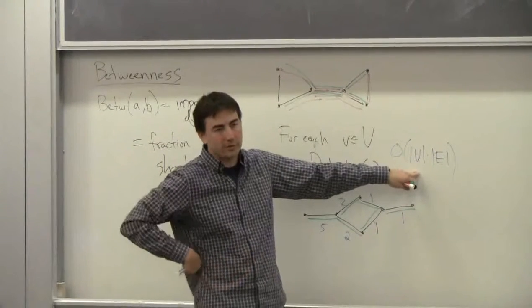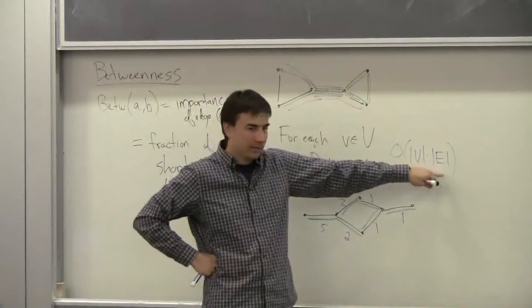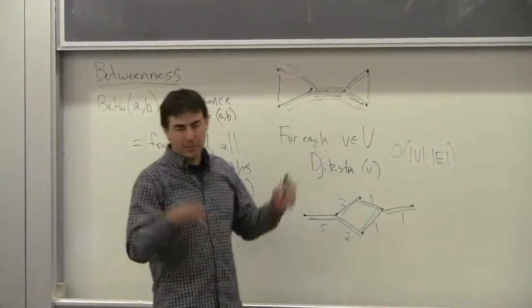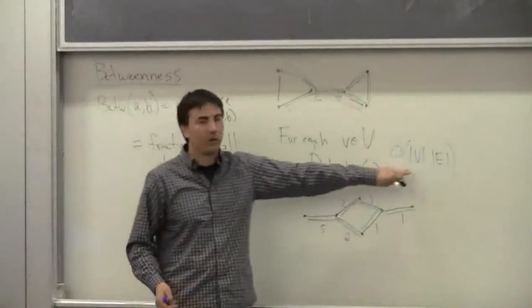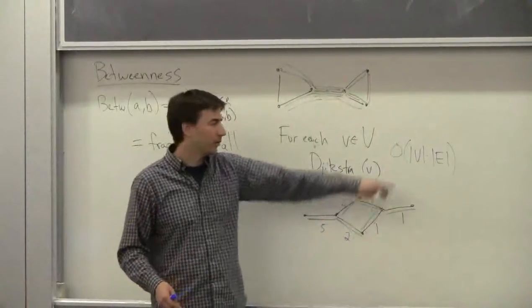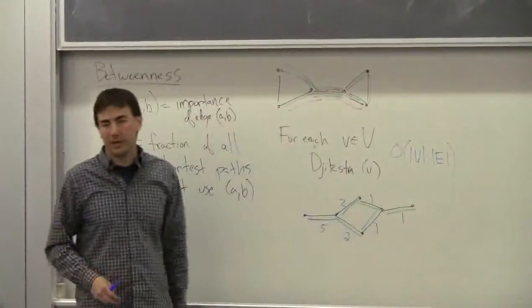So just the number of vertices is going to be 1 billion, right? And the number of edges is going to be larger than that, right? So over 1 billion squared steps you need to take. This is going to be way too long to do on these large social network graphs. Even something with 1 million here, 1 million squared is still way too big.